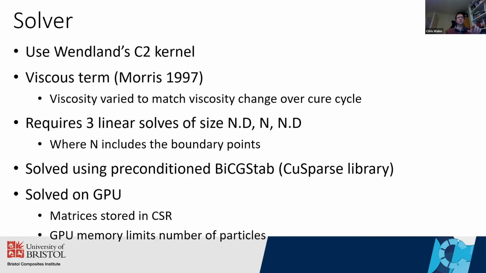So we know the prescribed cure cycle temperature, and we can vary the viscosity during the simulation to match the correct viscosity at that point in the cure cycle.